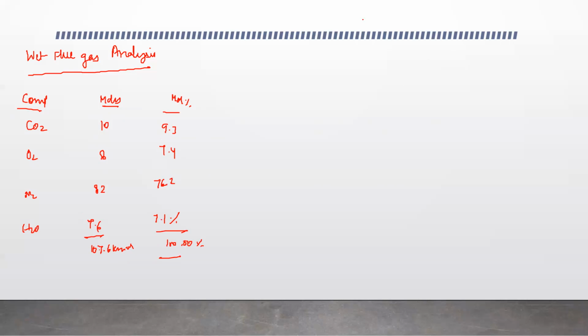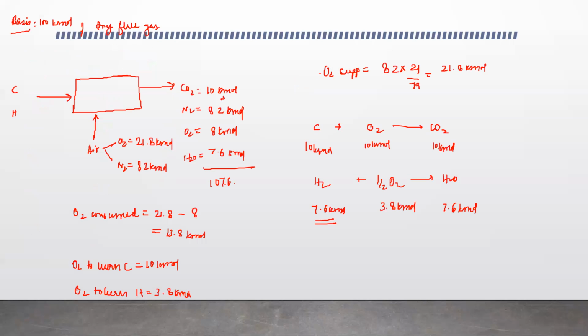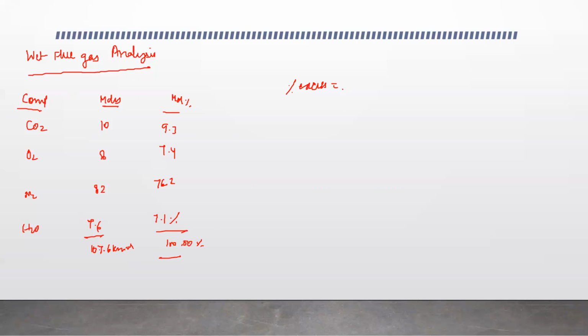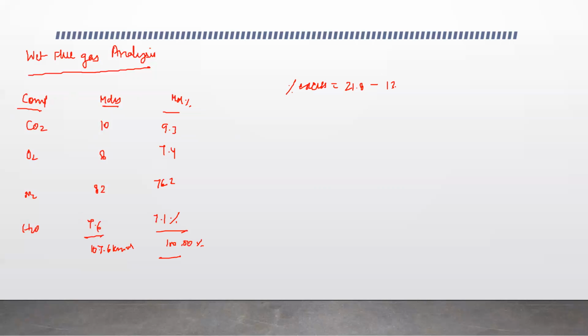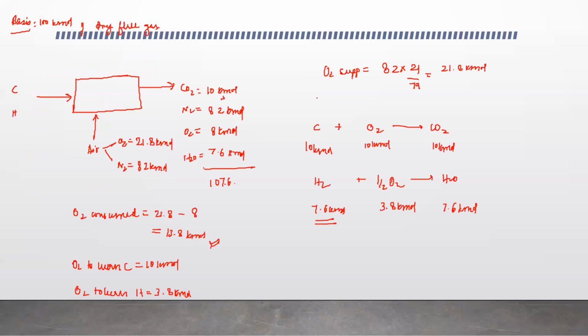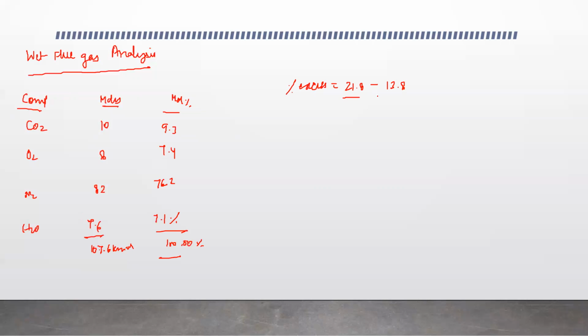All right. This is the wet flue gas analysis, and then we have to calculate the percentage excess of air. As I told you, it is oxygen supplied minus oxygen theoretically required, divided by oxygen theoretically required, into 100. Theoretically required is oxygen consumed, that is 13.8, right? So oxygen supplied is 21.8 kilomole minus oxygen consumed, 13.8 kilomole (10 plus 3.8), upon 13.8 into 100.